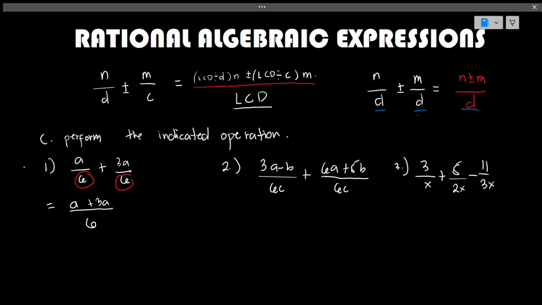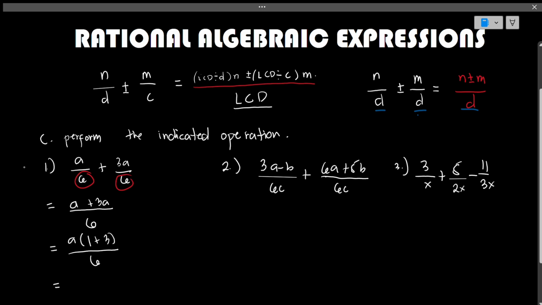After that, we just need to simplify. If we can still simplify, then yes, we simplify. But if not, there's no need. In this case, we can still simplify, so we remove the common factor, which is a. Then we get the remaining factors: a divided by a is 1, plus 3a divided by a is 3, all over 6.